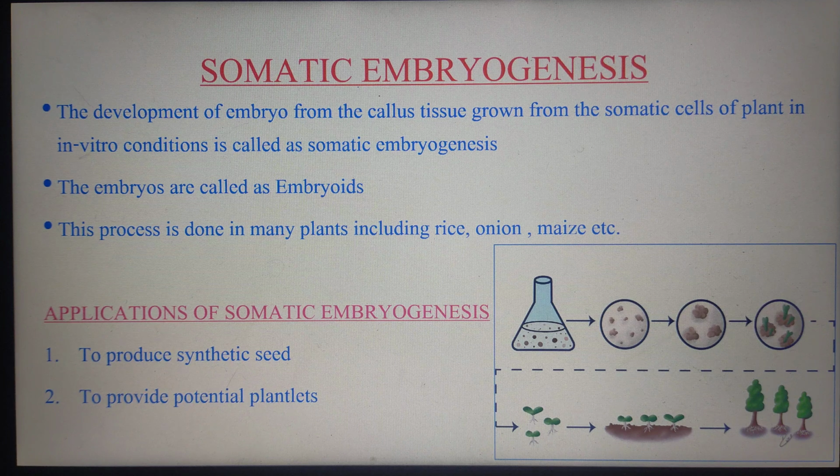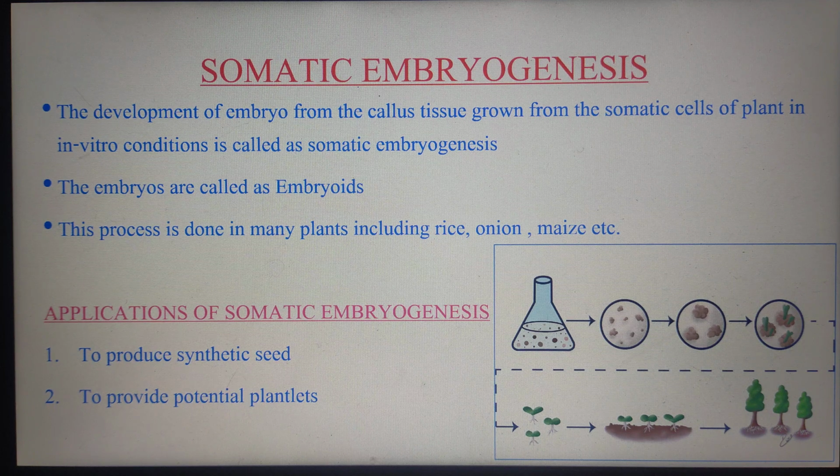But here we are going to study the concept of somatic embryogenesis. Somatic refers to body cells, right? There are two different types of cells. One is the sex cells, another one is the somatic cells. Sex cells are nothing but the gametes, the sperm and the egg, or the male gamete and the female gamete.